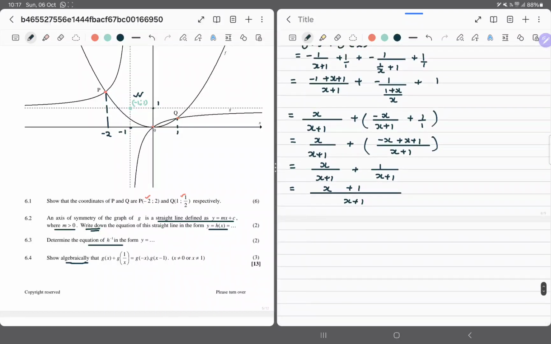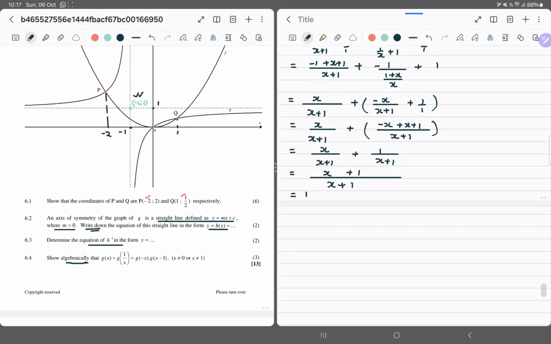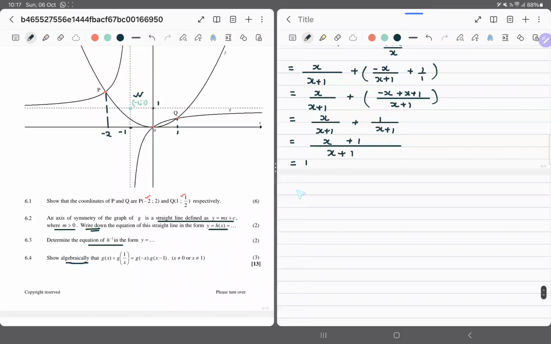Now this is effectively equal to 1. Okay, maybe let's write it down here. Because x plus 1 divided by x plus 1 is 1. Nice and easy.